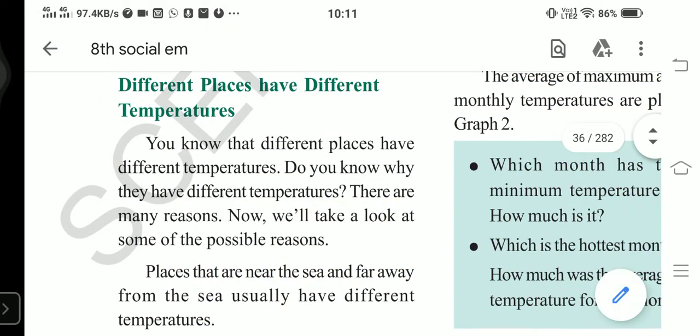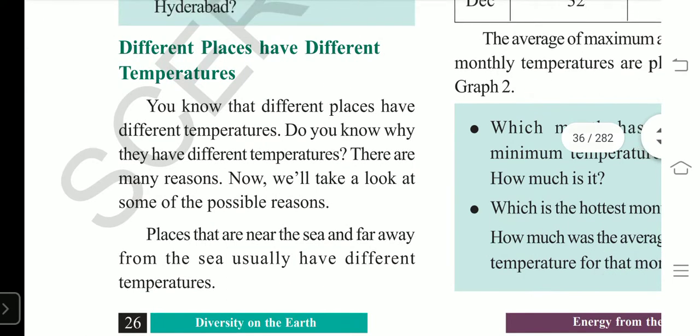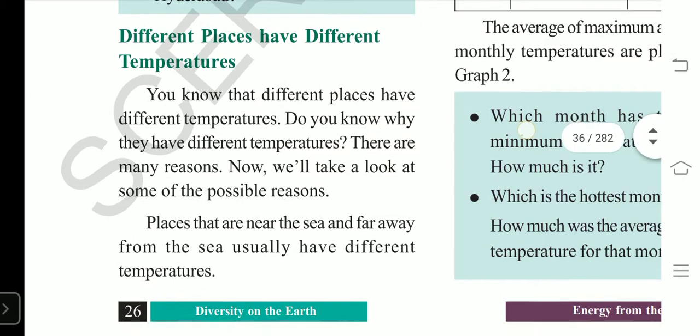This we have already seen, right? We know that different places have different temperatures. Just now we have seen it with two examples. Then what is the question here? Why do different places have different temperatures, right? For that there are many reasons. Now we will look into those factors which influence the temperature, right?